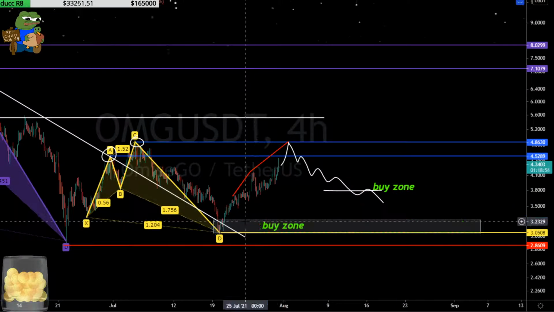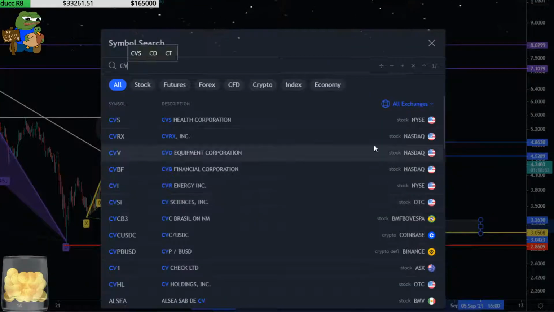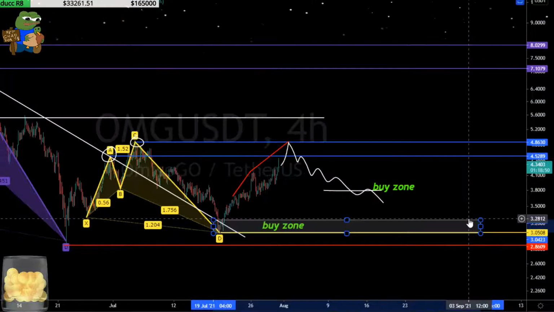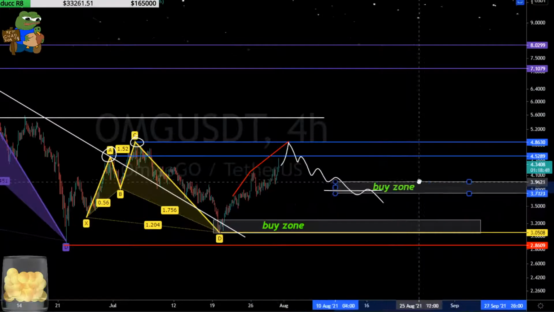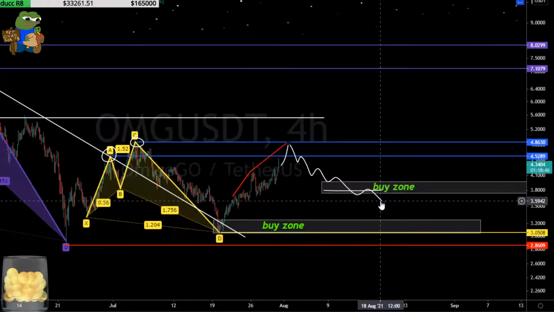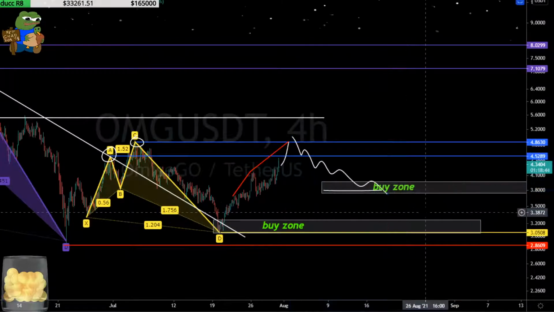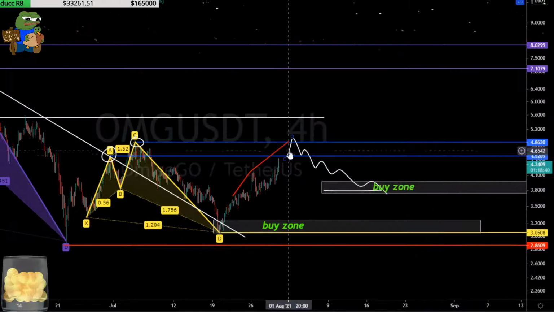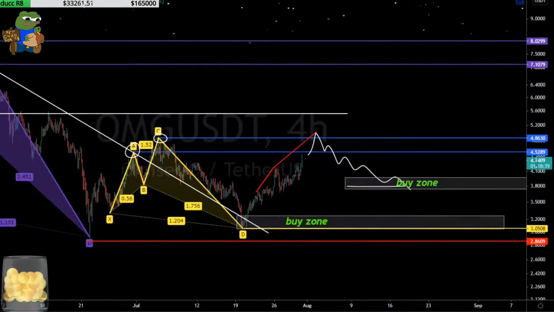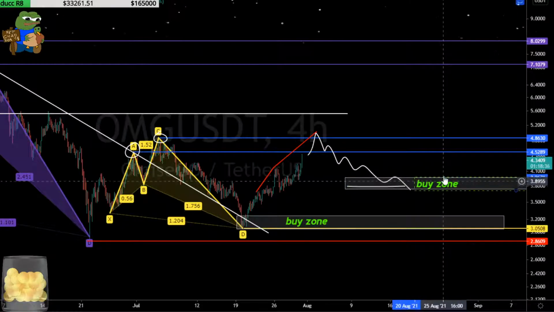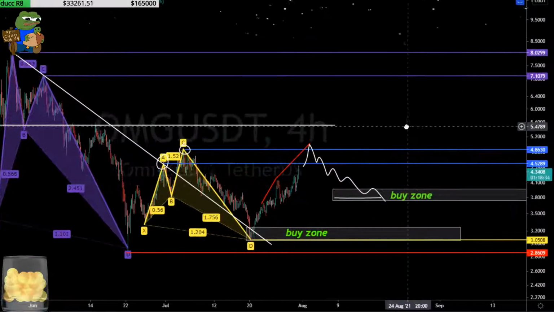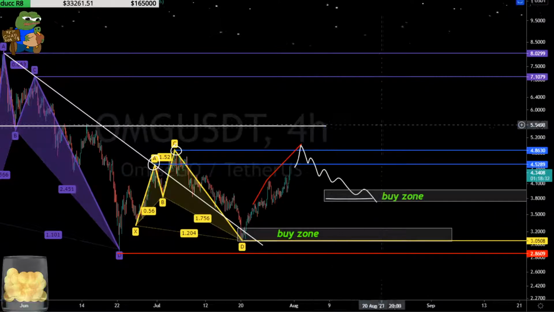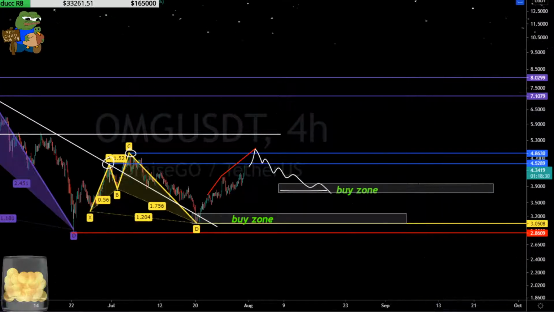Okay, it's just saying this, guys, just another little buy zone. Nothing too crazy here. And if you get this buy zone, at that point you'd be rallying up to this purple area.